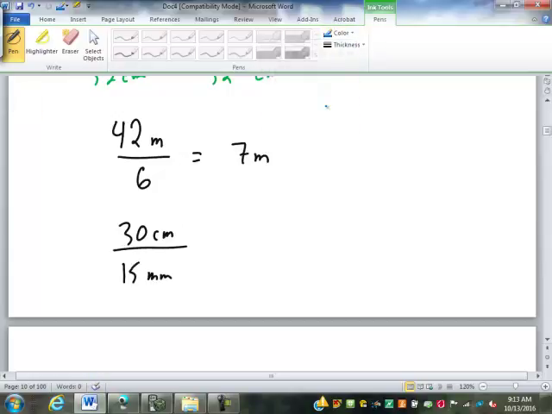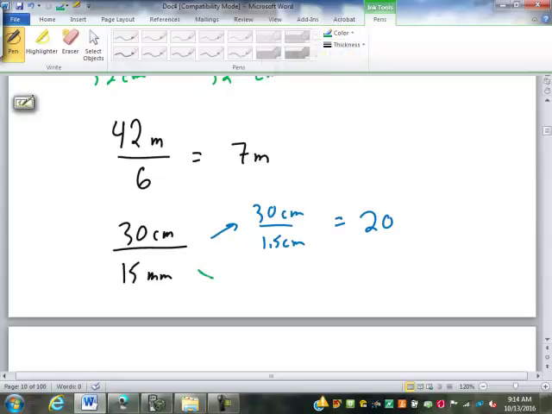They're different units. Now here, I'm not going to specify what I want my answer in. And the reason is it doesn't matter. If I go with centimeters, this would be 30 centimeters over 1.5 centimeters, correct? 15 millimeters is 1.5 centimeters. That divides out to be 20. What's units there? None. Centimeters divided by centimeters divide out, right?